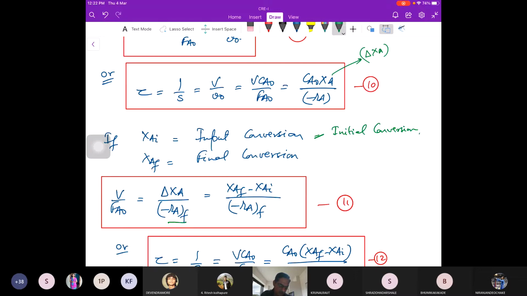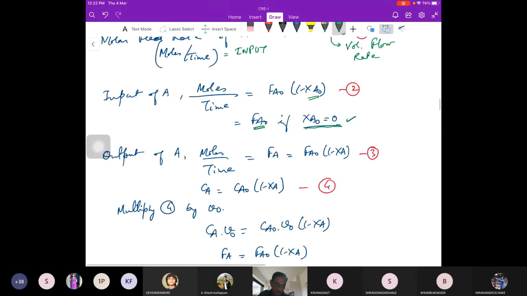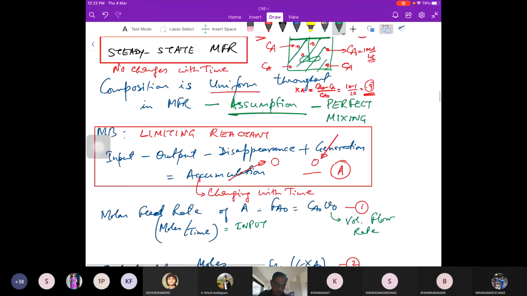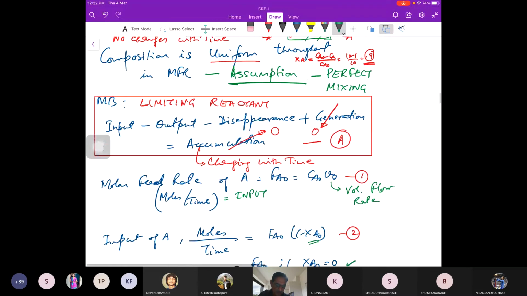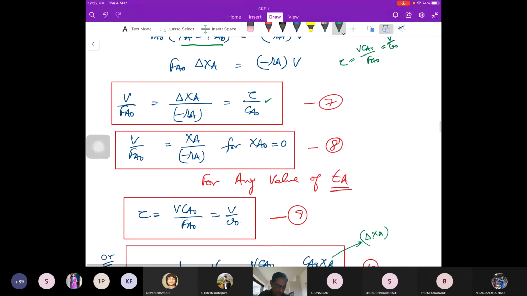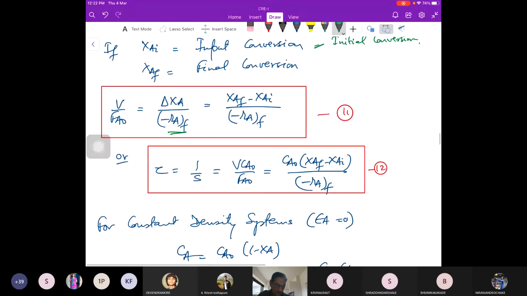Now for RAF, because we are always taking the concentration in the product, the concentration of A that we took here, we are always taking this value of RA, so it's the final concentration of A in the product. So that is minus RA at the final value of CA. And write this as XAF minus XAI upon minus RA.